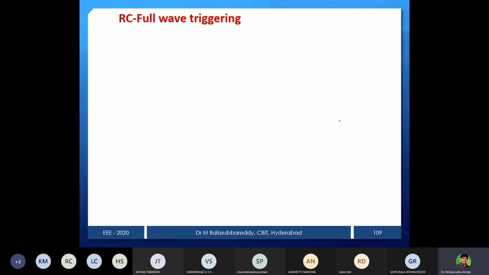Then we'll move on to full wave triggering. In full wave triggering, you have to convert the input into all positives. What is the component I have to use to make it all positive? Anybody?